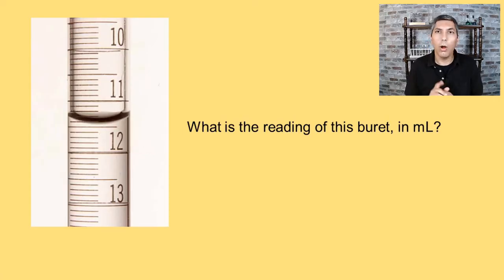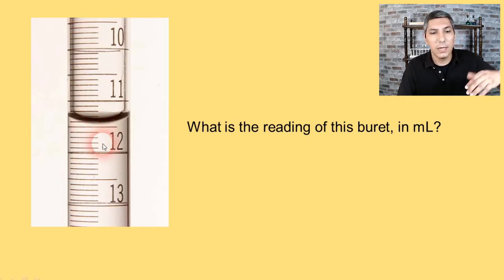We're going to read all of the digits that we're sure of, and we're going to estimate exactly 1 decimal place between the lines. We have to read between the lines exactly 1 decimal place. So in this burette, it's obviously between 11 and 12, isn't it? So it's 11 point something. And we can also see that it's in between 11.4 and 11.5.